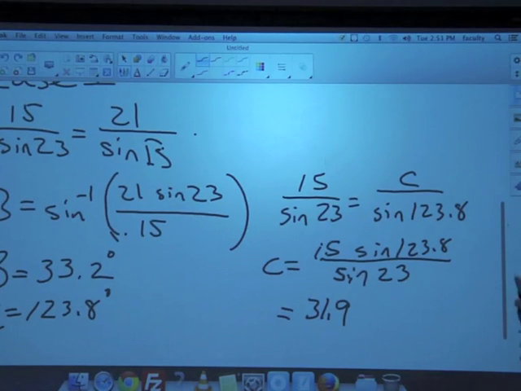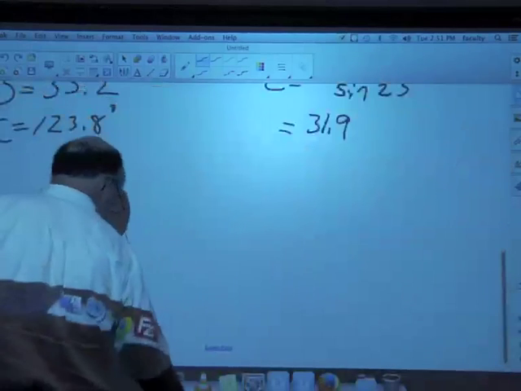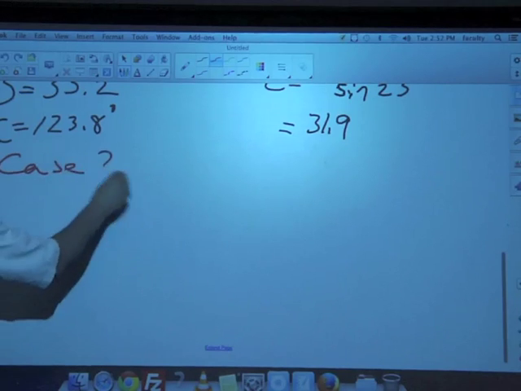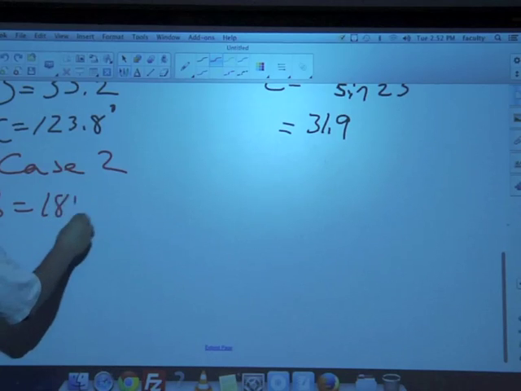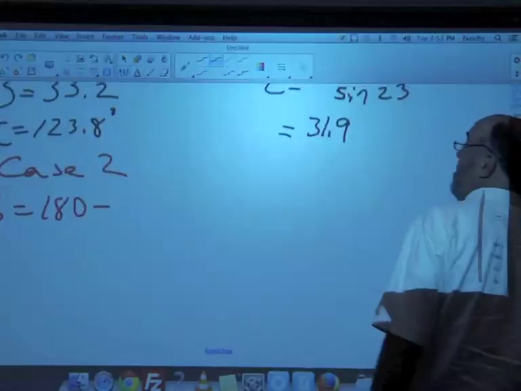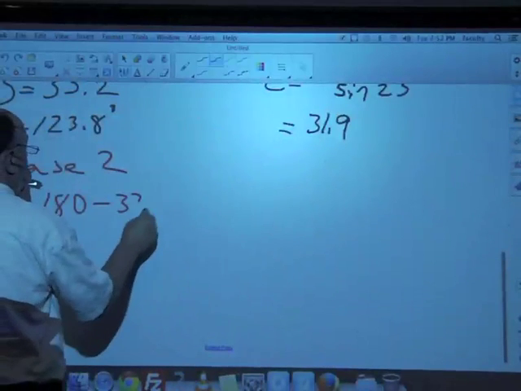So it ends up that case 2 is actually not that hard, because in case 2, the new angle B is going to be 180 minus what we found in case 1, which was 33.2.